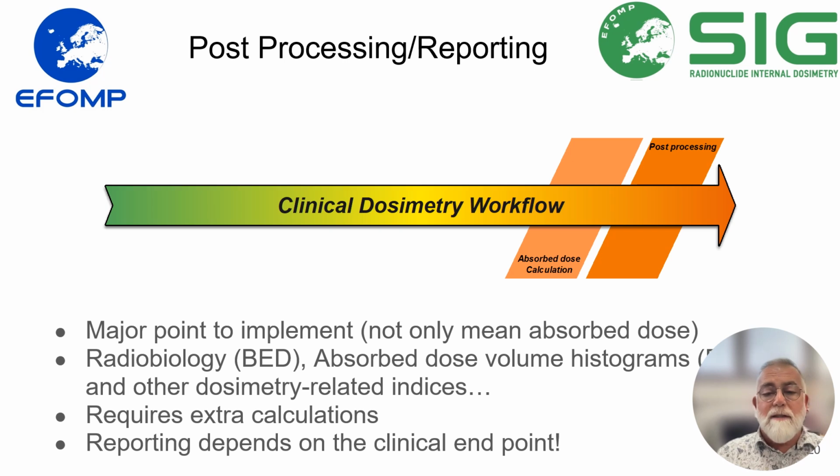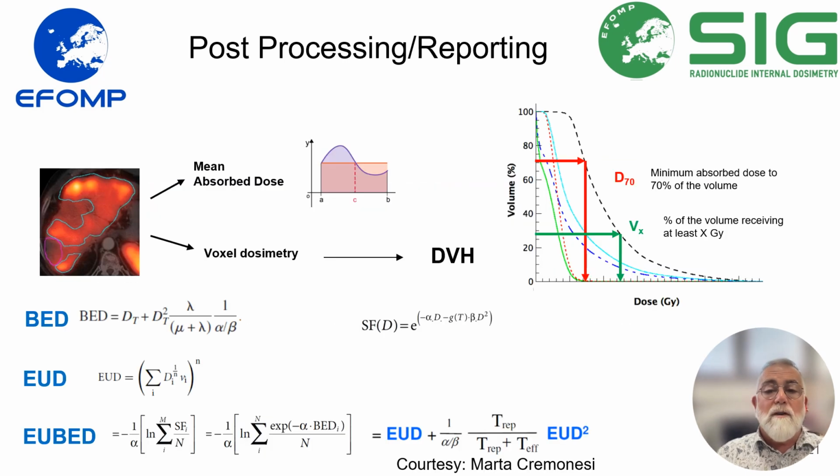So it may require extra calculation, and that depends obviously on the clinical endpoint. So when everything is said, it's a clinical demand. Say, I want to get those parameters because I want to put those parameters in front of the clinical outcome, toxicity or efficacy. So these are some examples provided by Marta Cremonesi of computation of BED, EUD, EUBED, and dose volume histogram, relying mostly on voxel-based dosimetry.